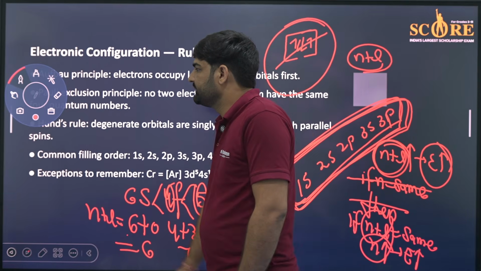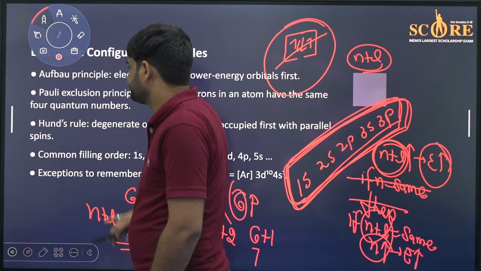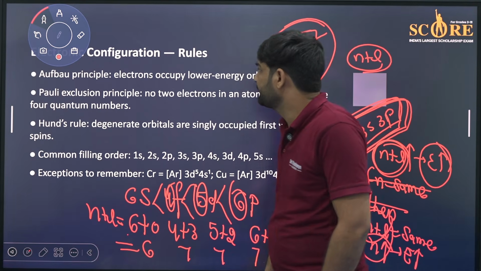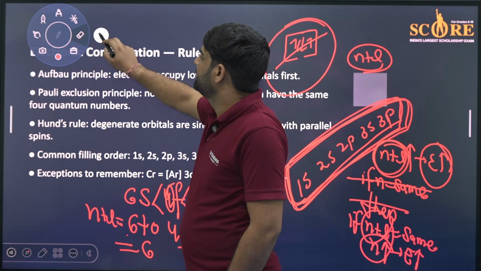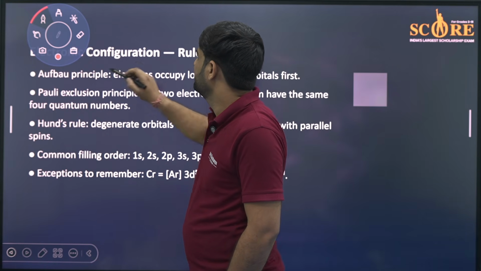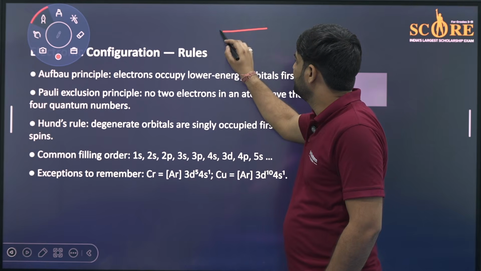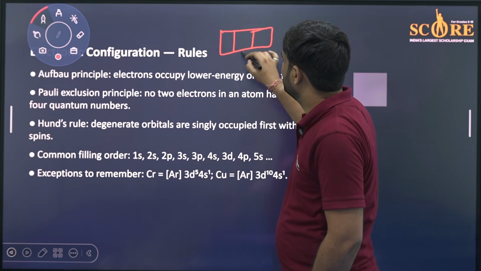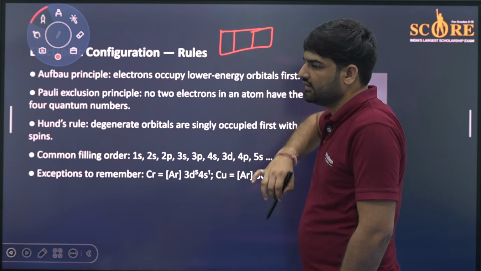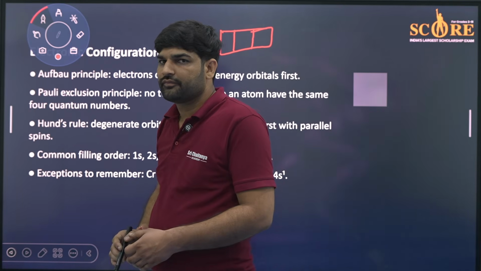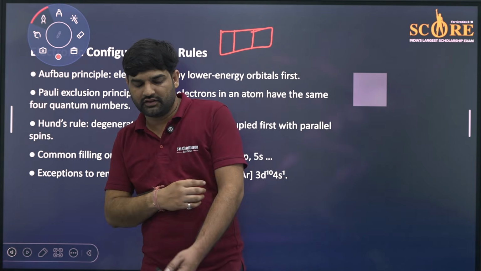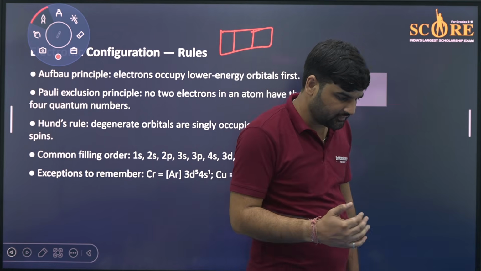The last rule is Hund's rule. Hund's rule is given for degenerate orbitals. In degenerate orbitals, electrons are filled up. Degenerate orbitals means orbitals of the same energy level.